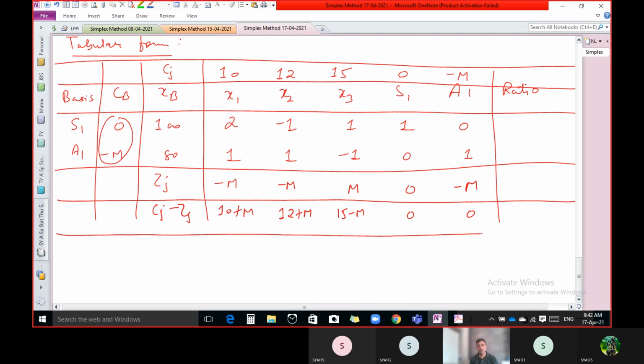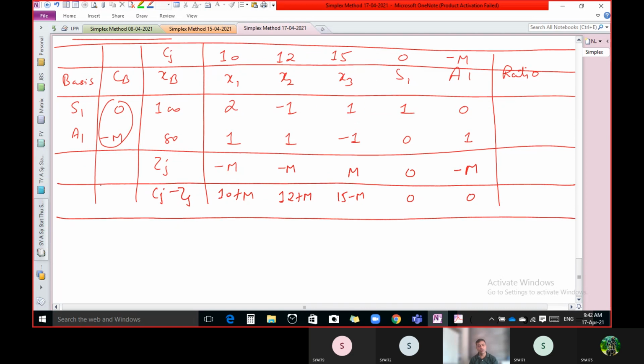Now, we know that here M is like infinite. So it's a big value. You can consider any value like 1 lakh, 2 lakh, 10 lakh, 1 crore, any number. So if it is 1 lakh, then it is 10 plus 1 lakh, which is 1 lakh 10, and this is 1 lakh 12.